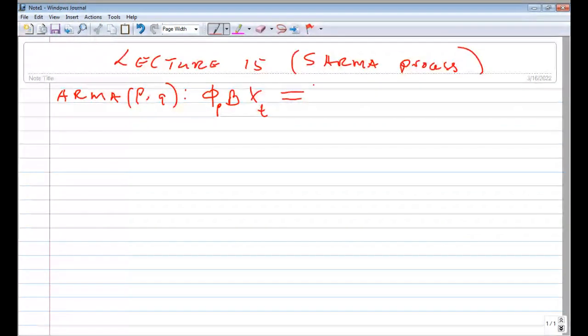On the right hand side, we are going to have theta, because the moving average process is represented by the parameter theta. Theta q, because we're generalizing it, then B, Z_t. And again, here Z_t is a white noise, with mean 0 and variance sigma squared Z. Now, this is our ARMA(p, q) process.